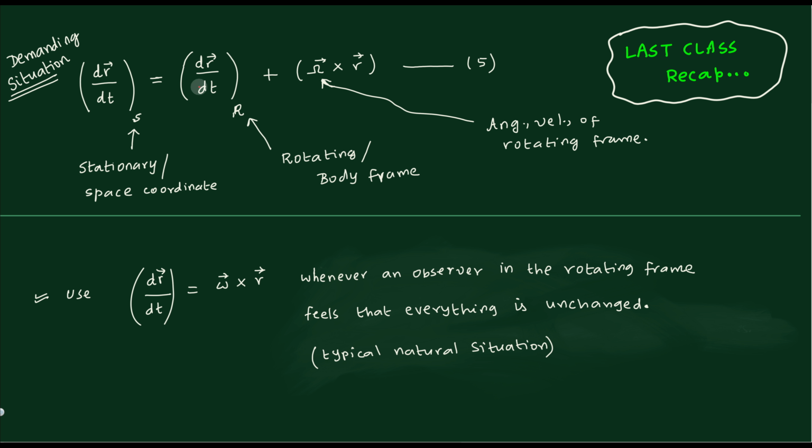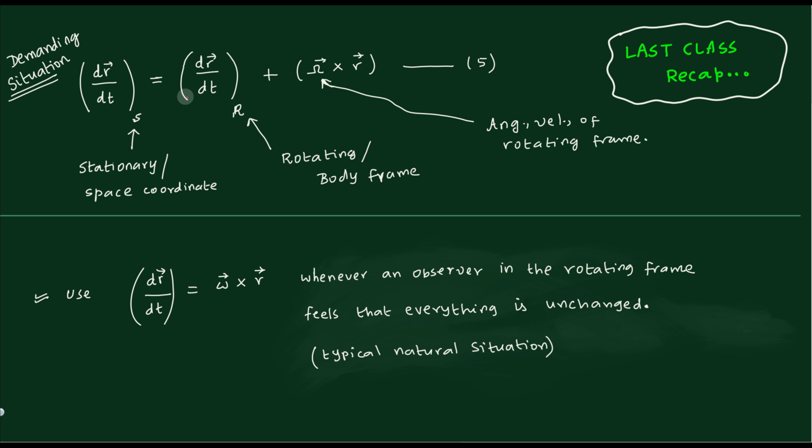Then plus the value written by the fellow who is sitting in the green color coordinate system. So this means the first information has to be written down by the fellow who is in the green color coordinate system, dr by dt. So which means that essentially it is like this.